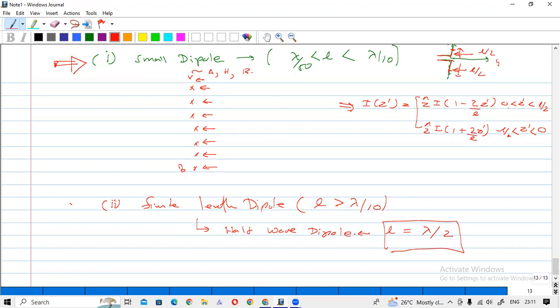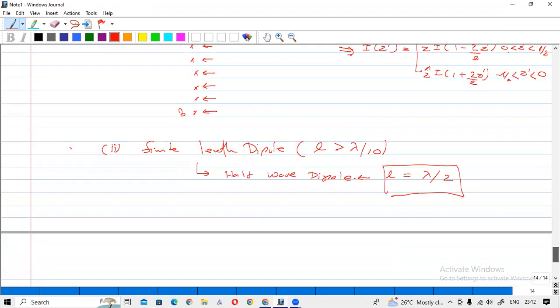But that current distribution is somewhat complex, because the integration may be difficult.